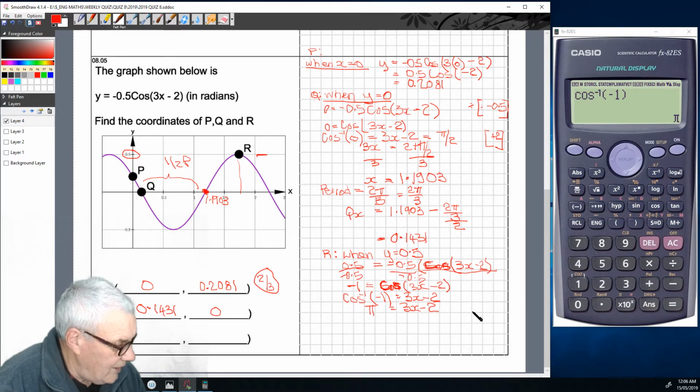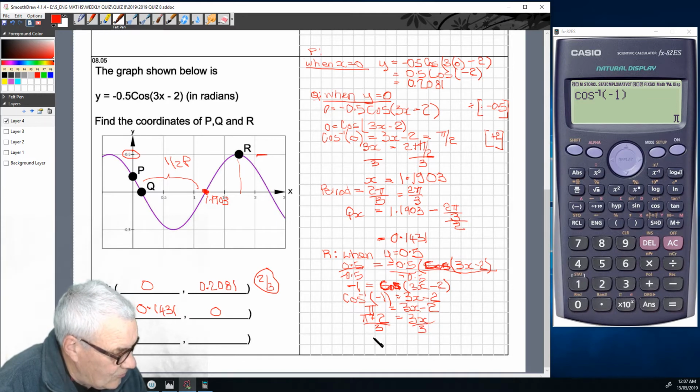So we add 2: pi plus 2 equals 3x. Divide through by 3, just exactly as we did above.